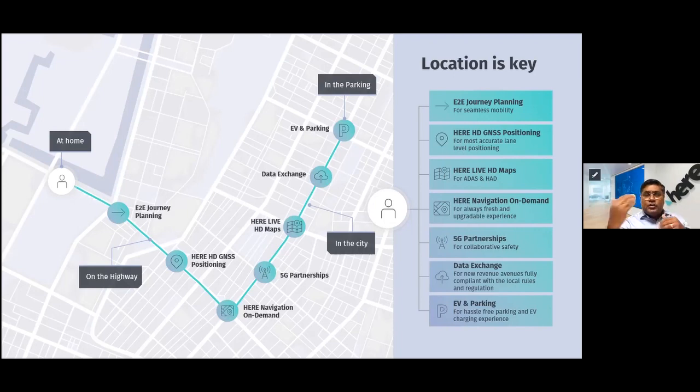Then, reaching your parking space, ensuring the parking space is available, and if you're driving an electric vehicle, that EV charging is available, so you have a hassle-free parking and charging experience, and anything else you may desire. This is what defines the total journey of a persona from his home to his end destination.